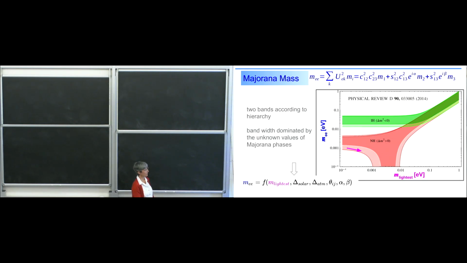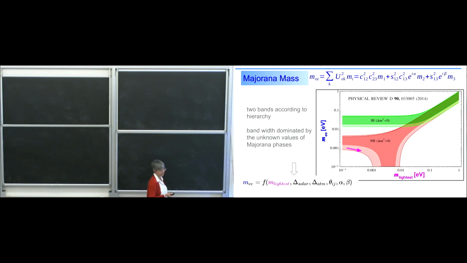And given what we know from oscillation experiments about the mixing angles and the two Majorana phases, we have these possibilities for the Majorana mass. It can lie somewhere in this gray band or in this red band.